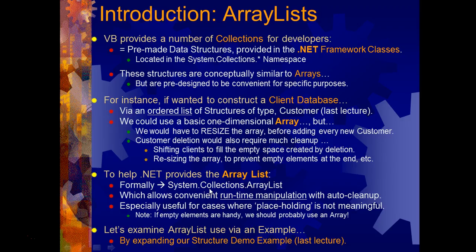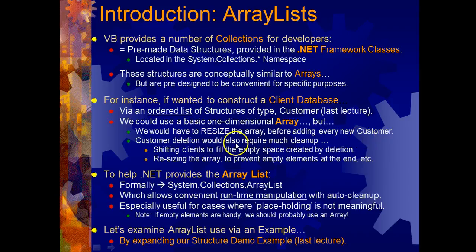On this slide, he describes what an array list is. He says if you wanted to have a client database, a customer database, we could have an ordered list of our customers, and we could use a one-dimensional array, just a simple array. But he reminds us that we'd have to resize the array before adding every new customer.